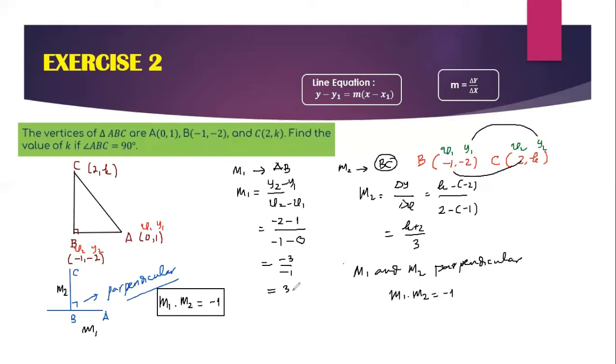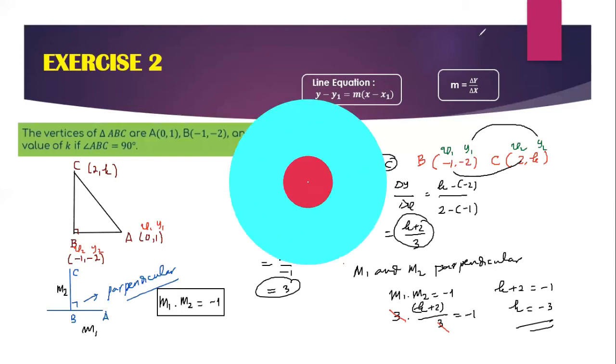M1 is 3 here, and M2 is K plus 2 over 3, equal to minus 1, right? Clear? So we can cancel this one. Cancel, right? So K plus 2 equals minus 1, so K is minus 3. Is it clear, everyone? So M1 and M2 are perpendicular.